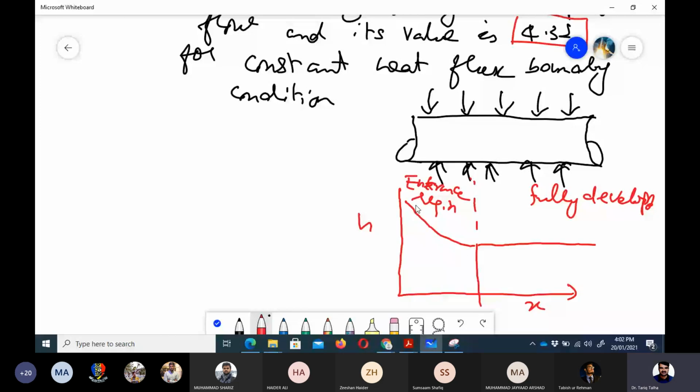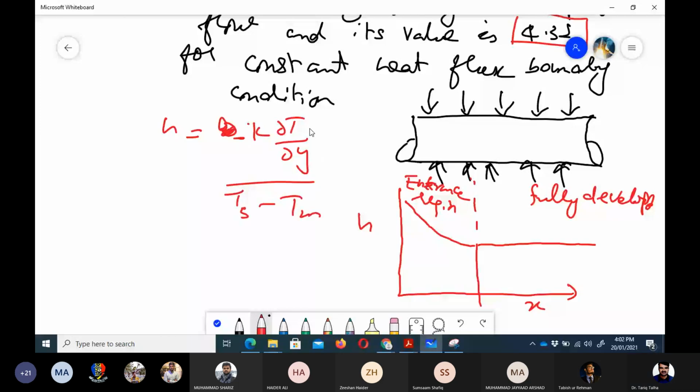So in the entrance region it decreases because h is basically partial. It was k into partial t by partial y minus k into, it was Ts minus Tm. So partial t by partial r, not partial y in this case.